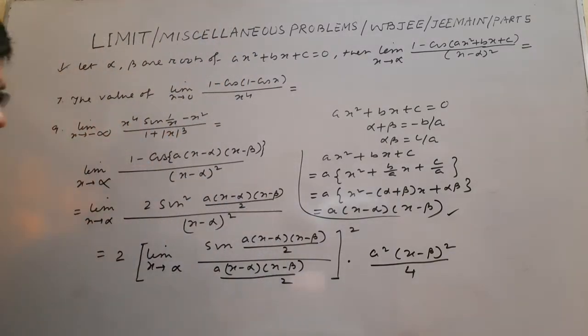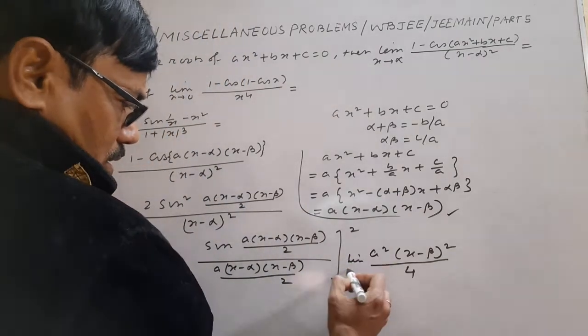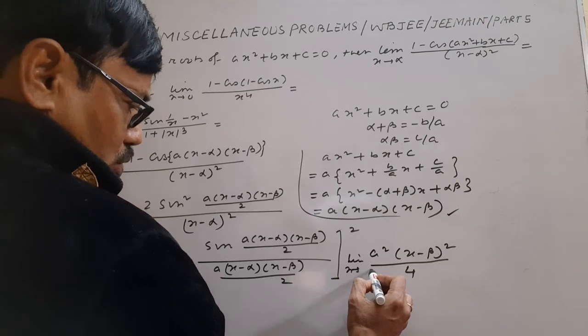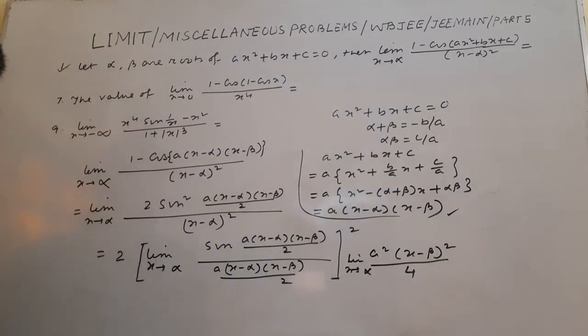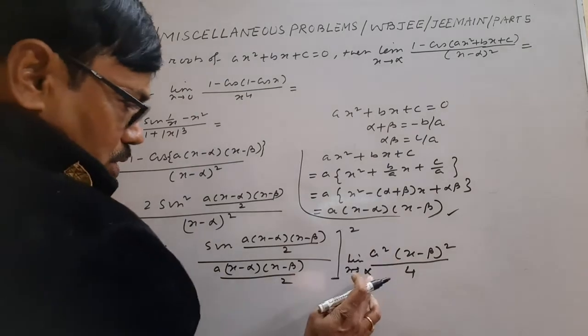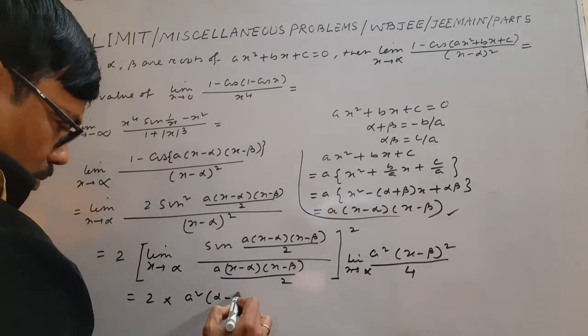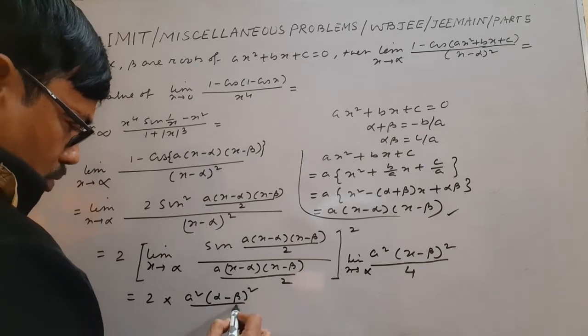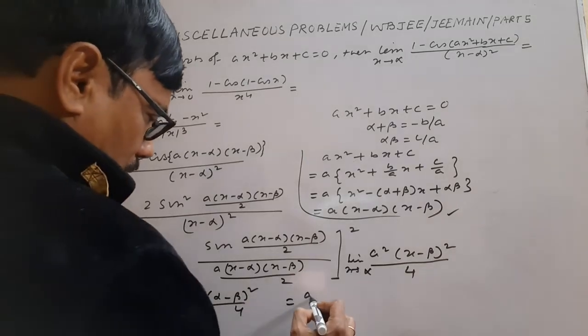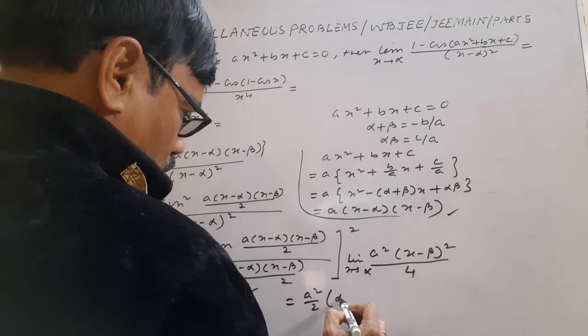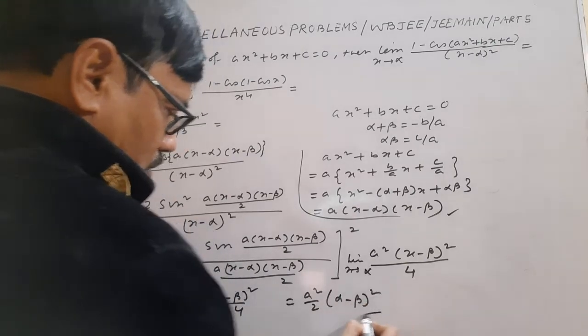You have to balance. Now look, x tends to alpha, so this is (sin x by x) whole square, so this one is 1. So 2 into, if we put x equals alpha, a square into (alpha minus beta) whole square by 4. So finally, a square by 2 into (alpha minus beta) whole square.